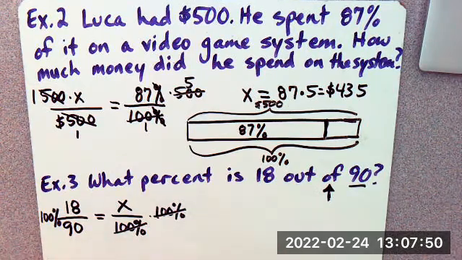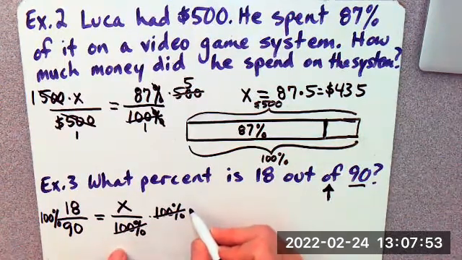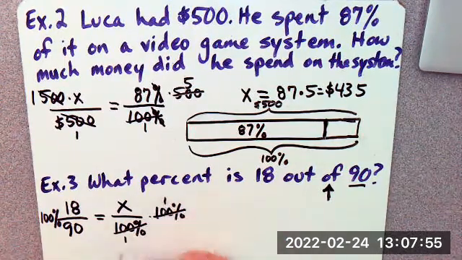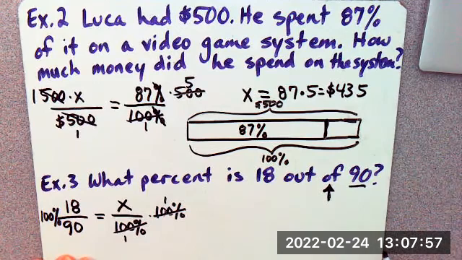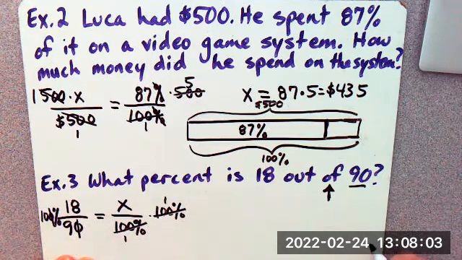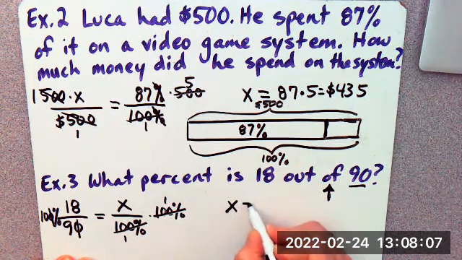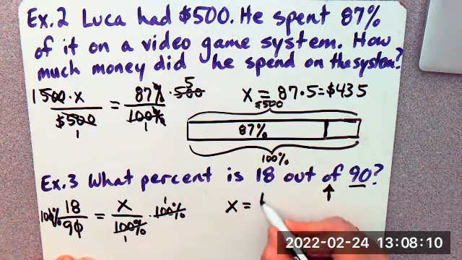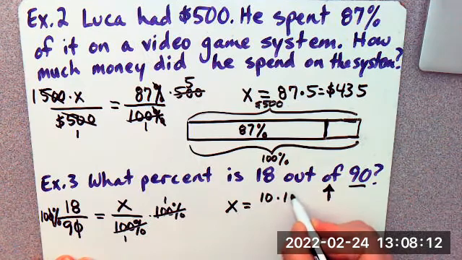Okay. So now, because 100% divided by 100% is 1, by the way. Okay, so we look at this, these both have 0, so let's cancel a 0 out. So let's rewrite this. We have X equals 10 times 18 over 9.